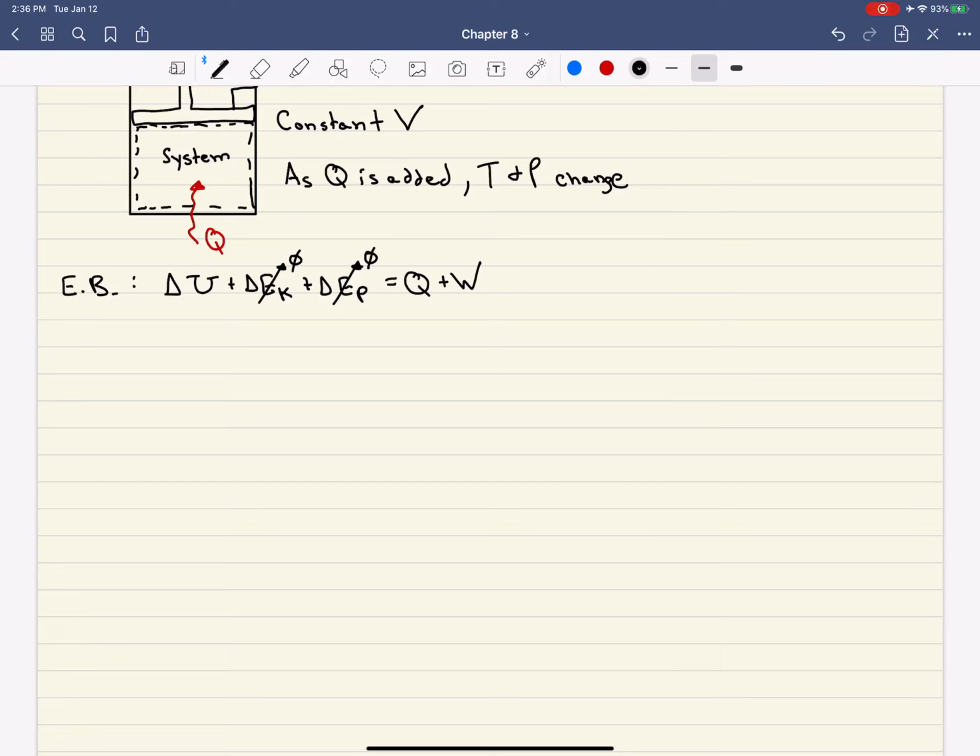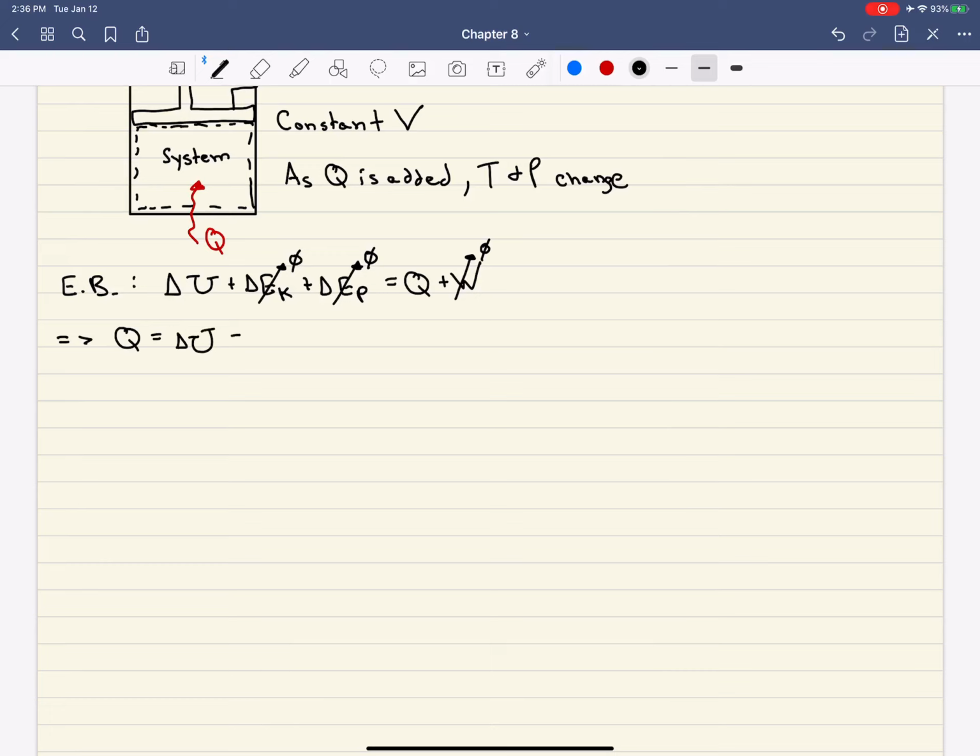This is also 0. We're adding heat to the system, so clearly this is an important term. But the system volume is not changing, right? So as far as work, if our system boundaries aren't moving, we don't have any shaft work, and we don't have any other type of work, so we could say that the work term is equal to 0. So what we're left with is Q is equal to delta U.